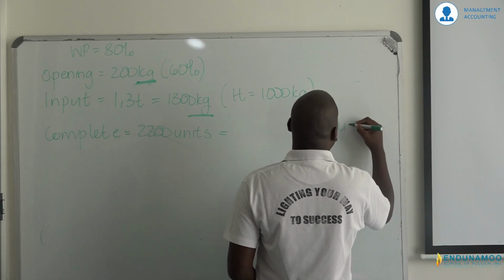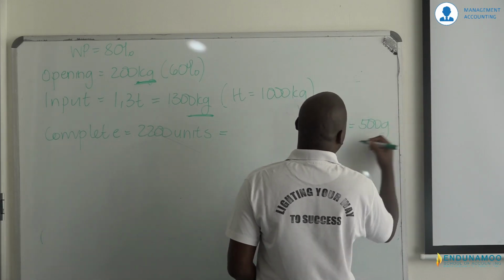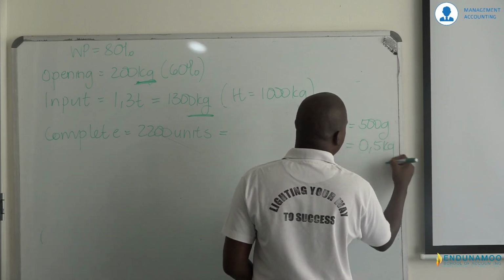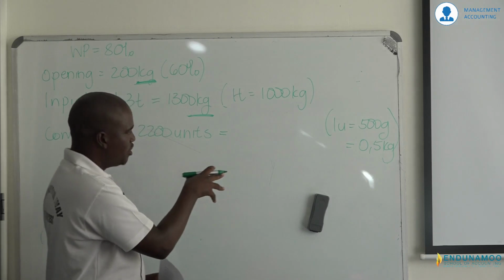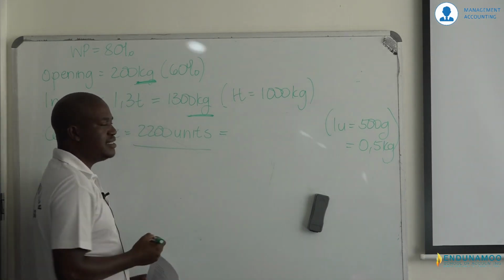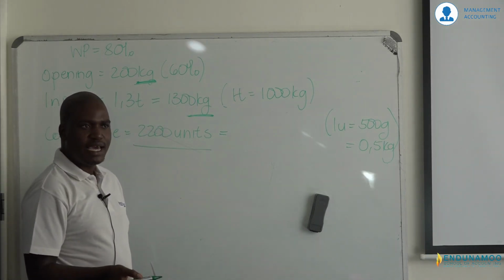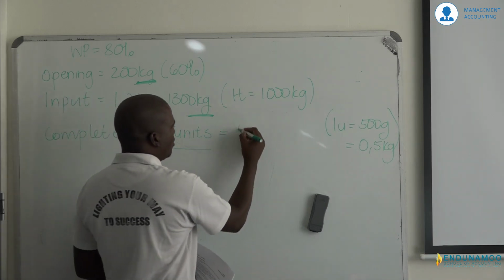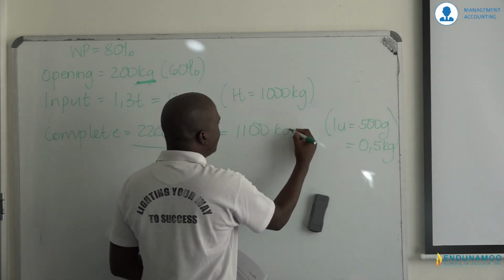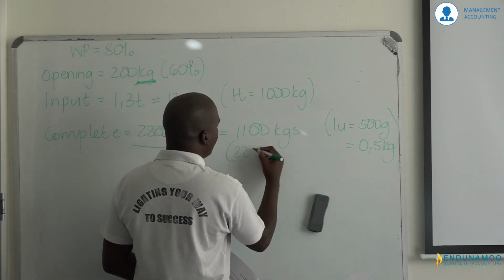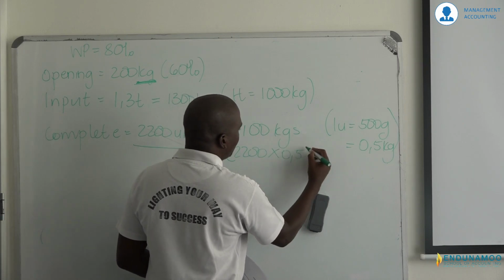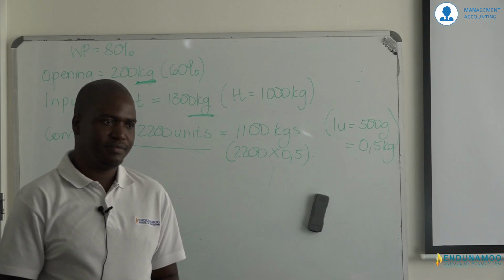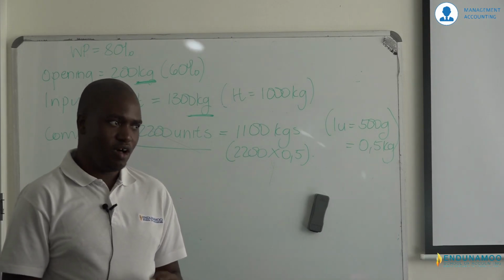So 1 unit is equal to 500 grams. And 500 grams is equal to how many kgs? 0.5 kgs. Do you agree? So now if I say to you I've completed 2,200 units, how many kgs is that representing? So it'll be 1,100 kgs because it is 2,200 multiplied by 0.5. Are we together? All together so far?